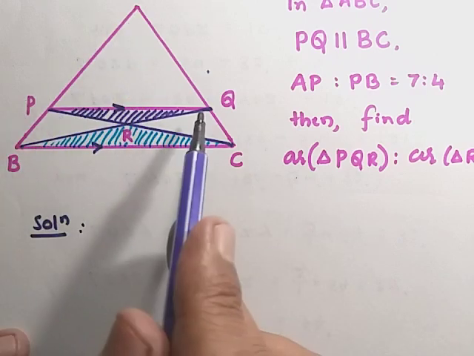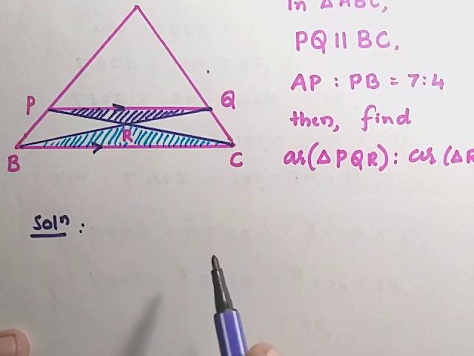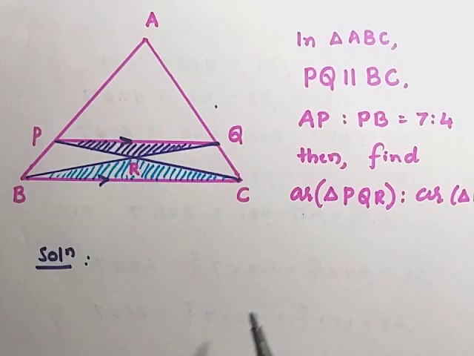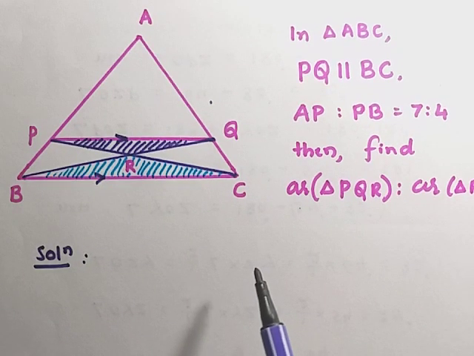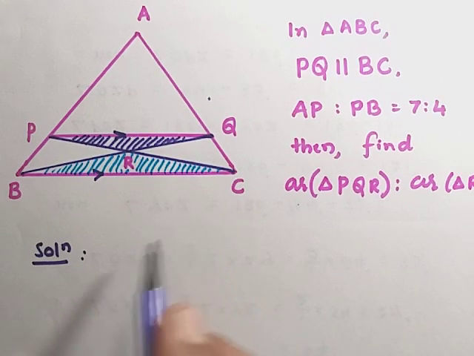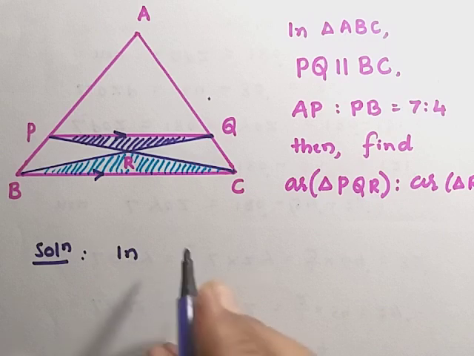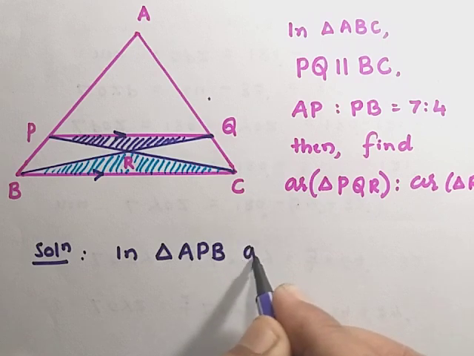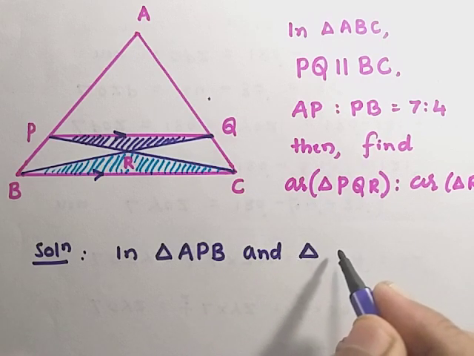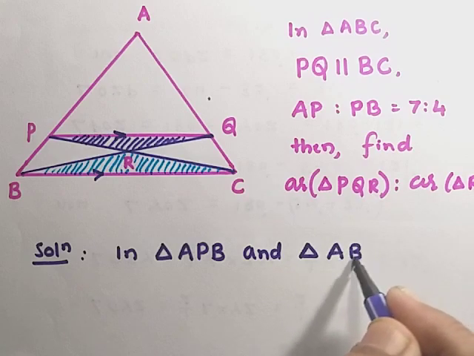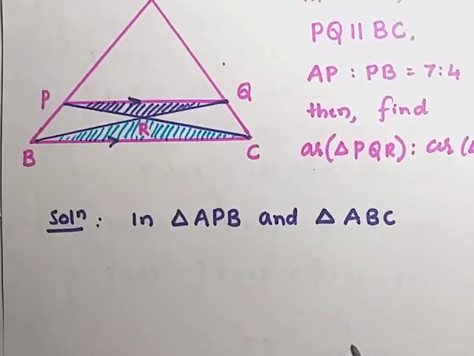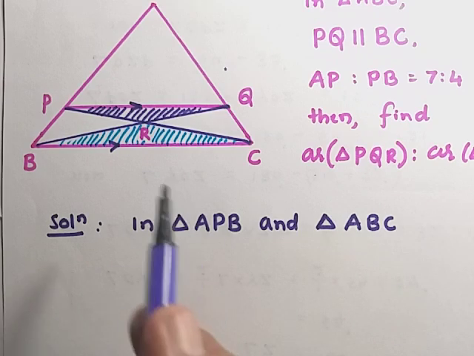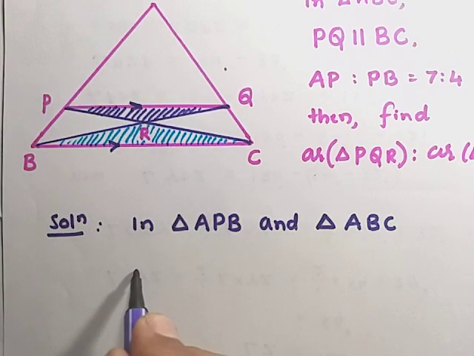In triangle APQ and ABC, we need to prove that both of these are similar, and we shall do that. First, we take the angles of the two triangles.